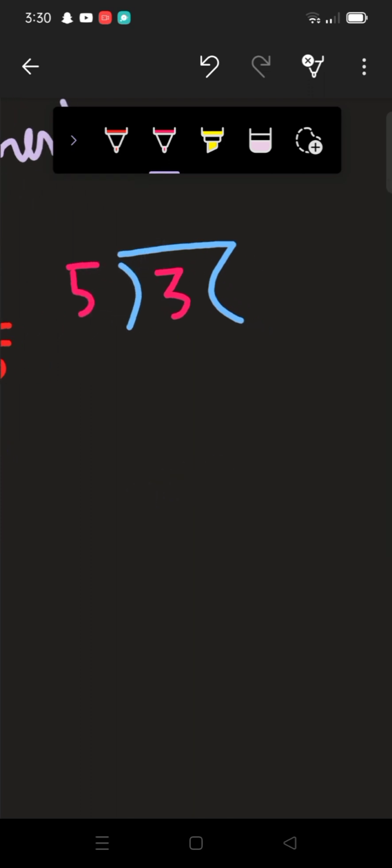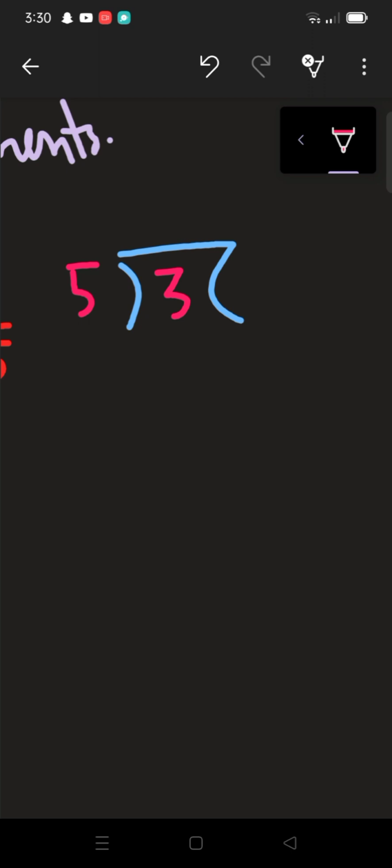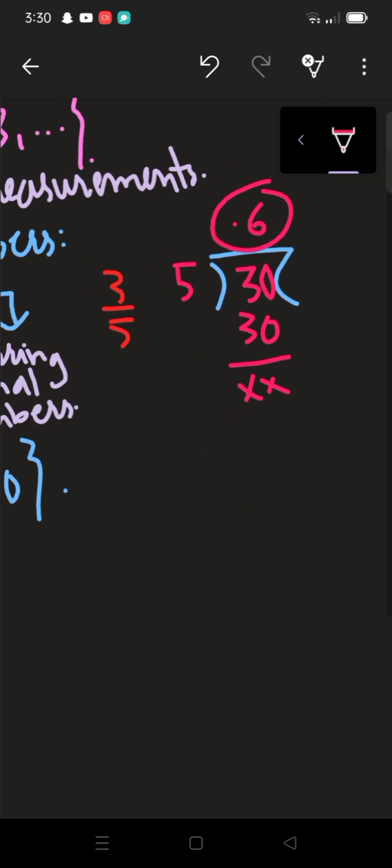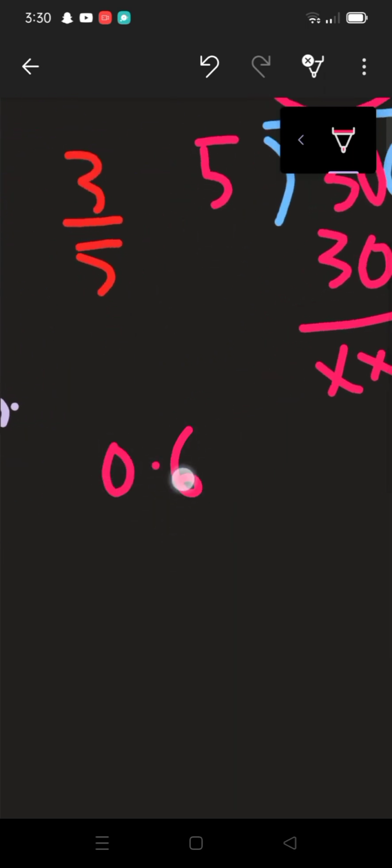We know that 3 does not come in the table of 5. So we need to put a point and write here 0. Now we know that 30 comes in the table of 5. 5 sixes are 30. So 6 here, 30, and it gives us the remainder of 0. Now we have 0.6.